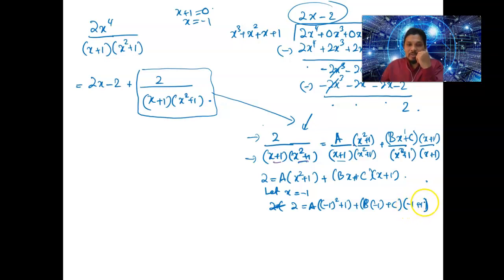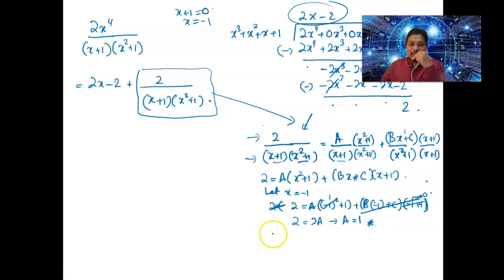So -1 plus 1 equals 0, and 0 multiplied by b times -1 plus c makes that whole term 0. -1 squared equals 1, and 1 plus 1 equals 2. So 2 equals 2a, then a equals 1.